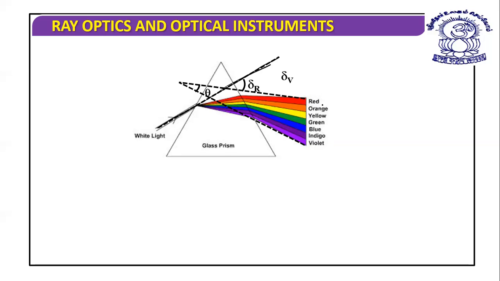All the lights, the 7 colors of light, are deviated at different angles. The angle of deviation for violet color is maximum and for red color is minimum. So we can see that violet light is deviated the most, and red light is deviated the least.